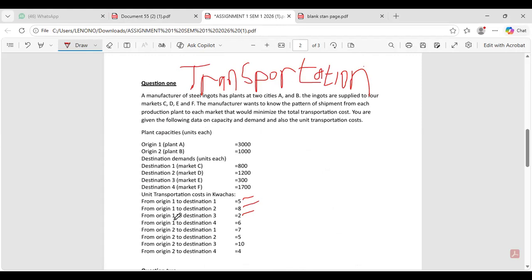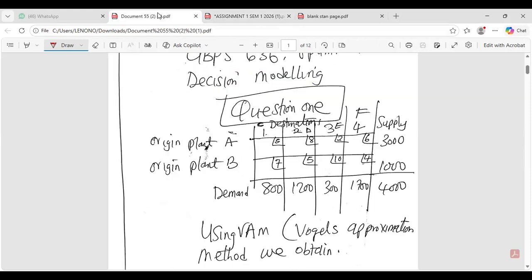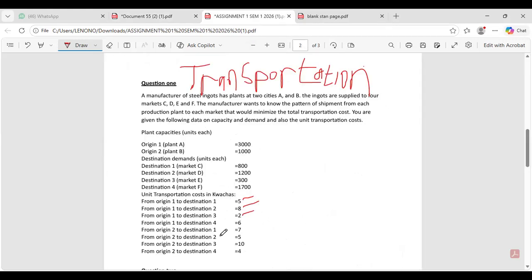Origin 1, destination 2 is 8. Origin 1, destination 3 is 2. Origin 1, destination 4 is 6. So these are the ones: 5, 8, 2, and 6, from this information here.